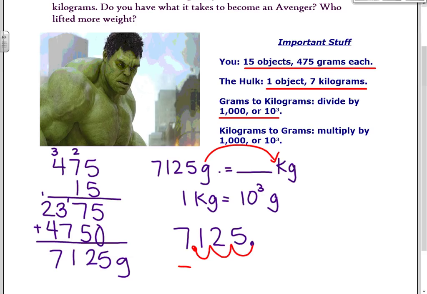So you lifted 7 and 125 thousandths kilograms. He only lifted 7 kilograms. Therefore, you proved that you are stronger than Hulk.